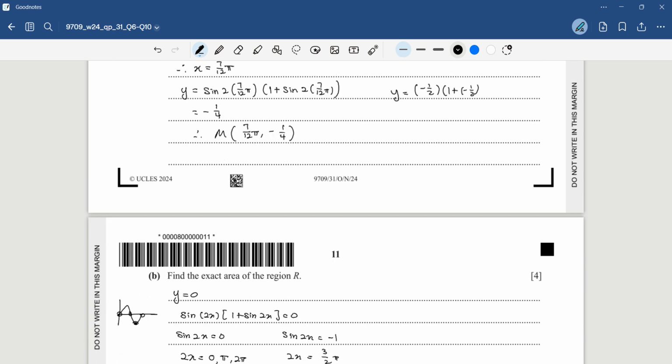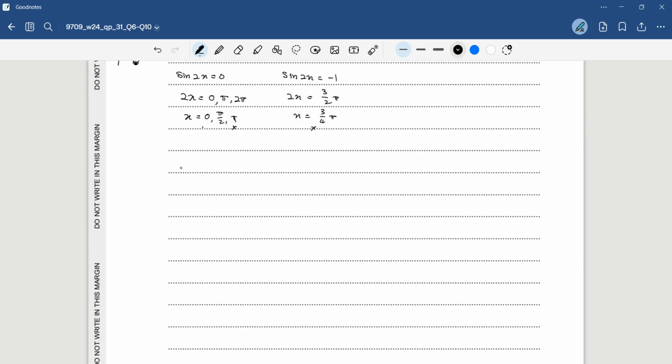Okay. So it means I'm going to integrate from 0 to pi over 2 sine 2x, I just multiply in, plus sine square 2x dx. And we cannot integrate sine with the power, so we can use the identity.